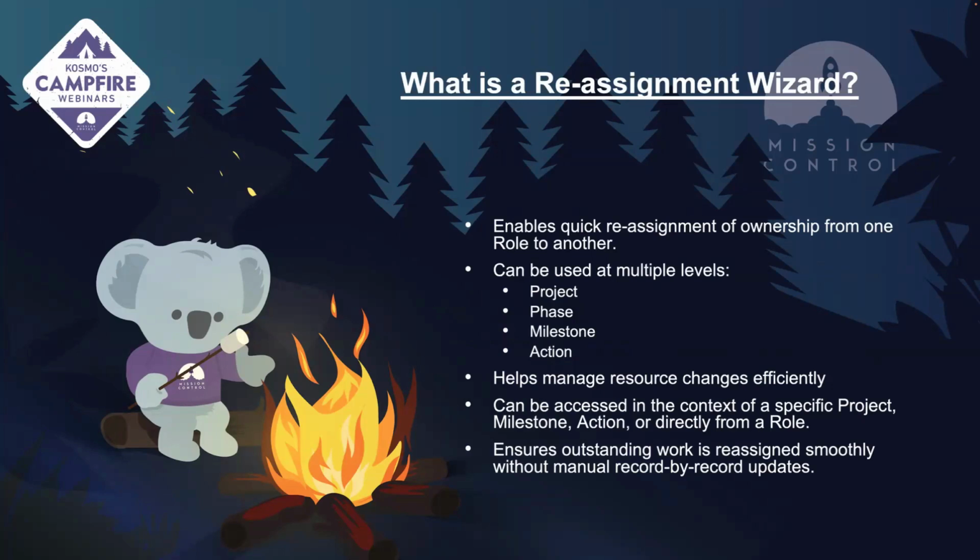Some of the use cases will be when a team member leaves or changes roles, assigning a named role in place of a placeholder role. It can be accessed in the context of a specific project, milestone, action, or directly from a role. So we will go through a few of these pages in the demo. It ensures outstanding work is reassigned smoothly without manual record by record updates, which saves a lot of time.